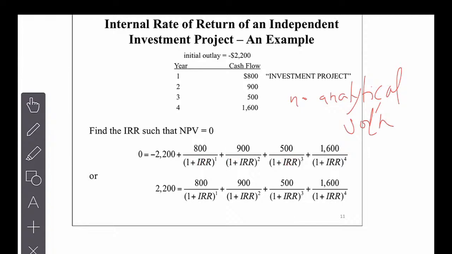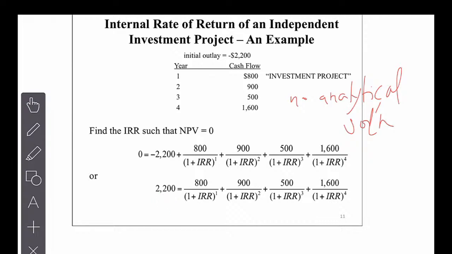The solution has to be done with tables or computers. Our computer is our calculator. You can also do this in Excel. It has the formula of this equation, and it keeps plugging in rates to try and get close to 2,200.